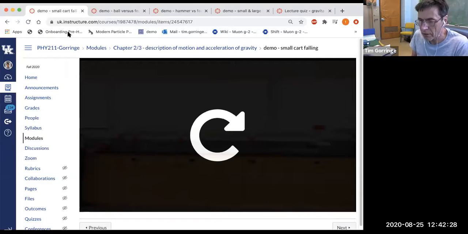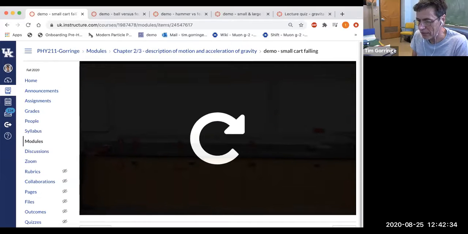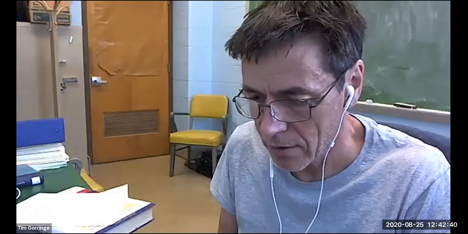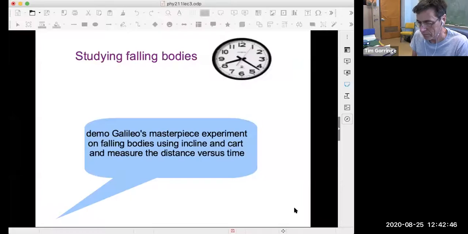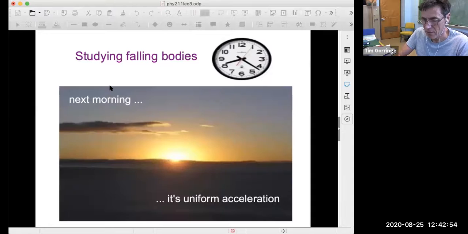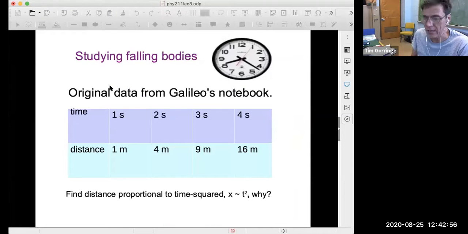Okay, so now I'm going to go back to my slides. We've all just repeated Galileo's famous experiment, which is nice. So now I want to share his data.